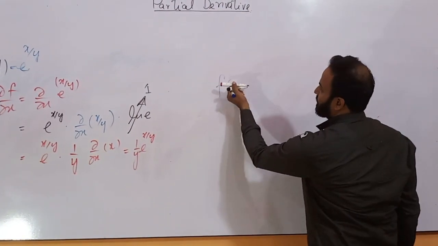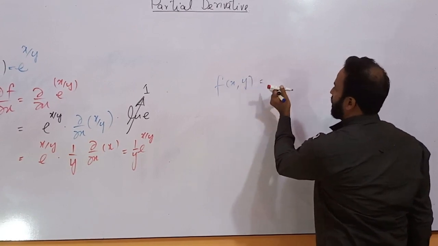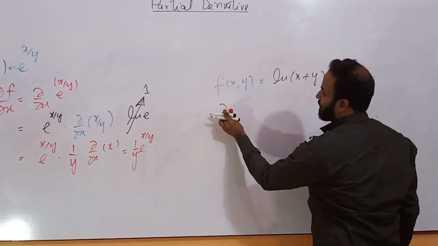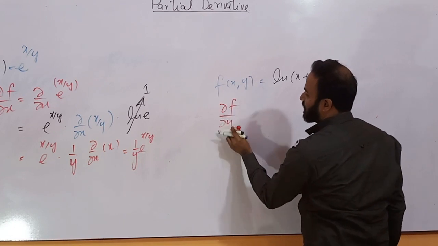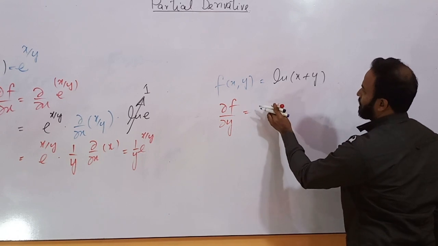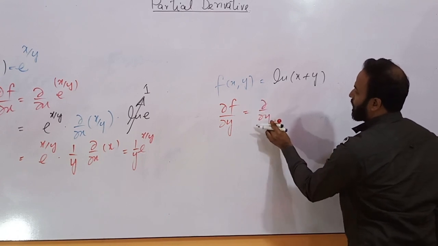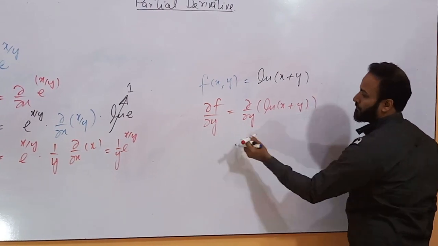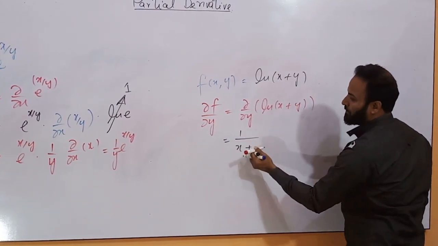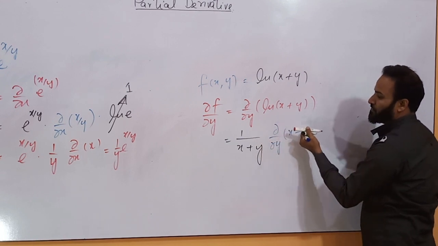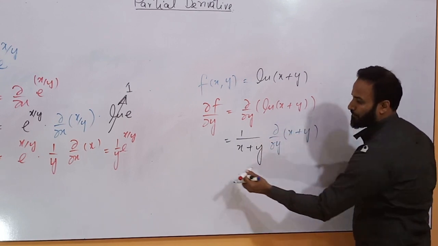Now I am taking the logarithmic function log of x plus y. Now take the partial derivative with respect to y. When taking it with respect to y, that is log of x plus y, we get 1 over x plus y, and the partial derivative with respect to y of the function x plus y.